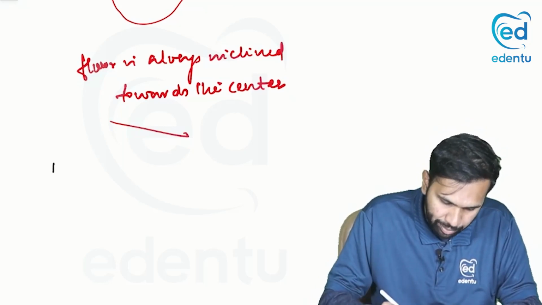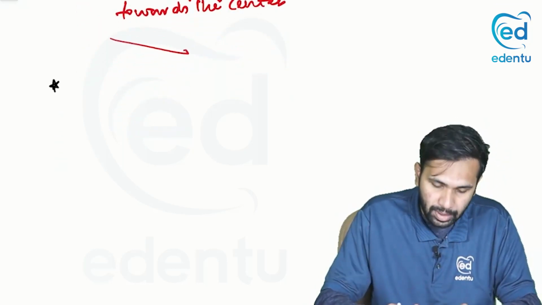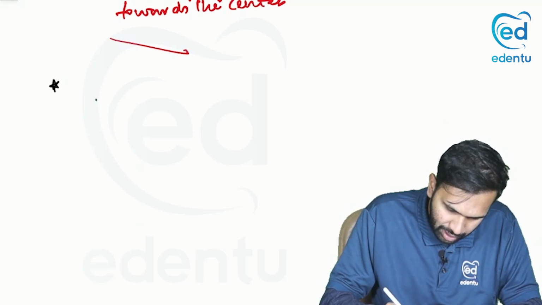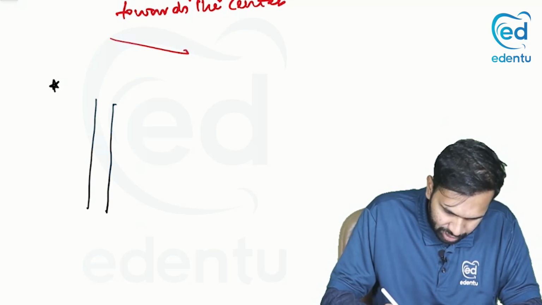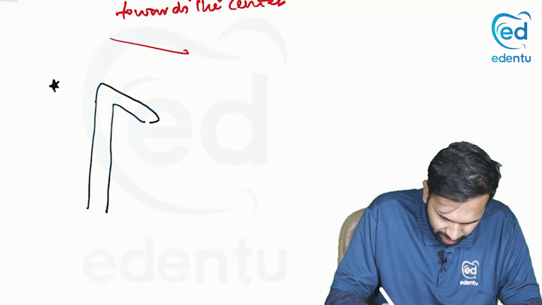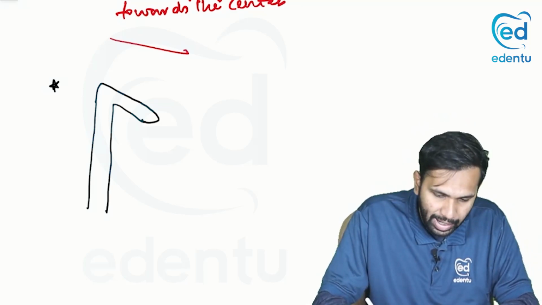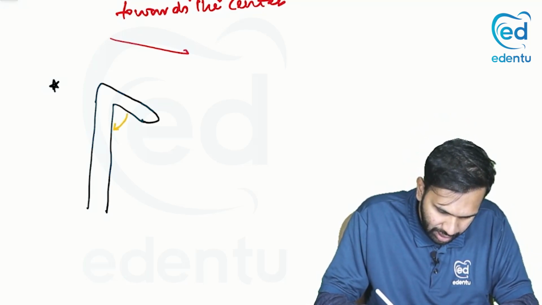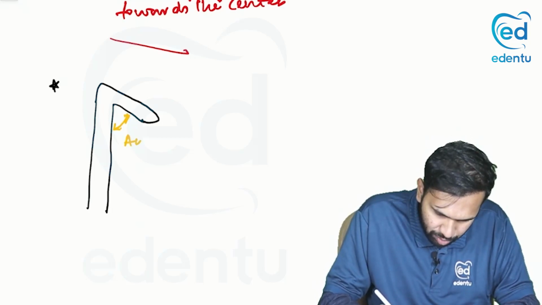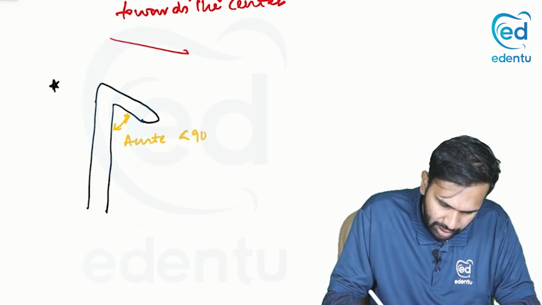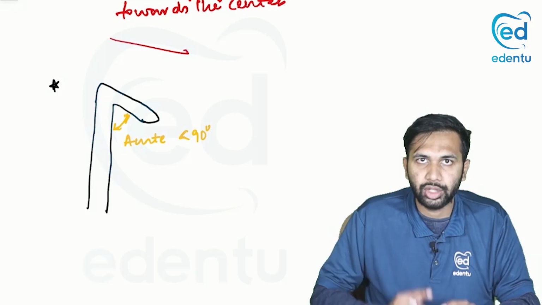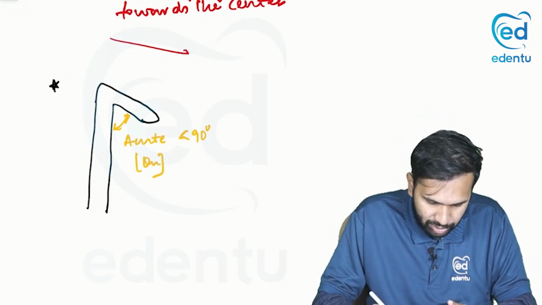Next and most important point, put a star, that if you are having a minor connector which is going as an occlusal rest like this, the angle between the minor connector and the rest should always be acute, that is less than 90 degrees. It should always be an acute angle, a multiple times frequently asked question.